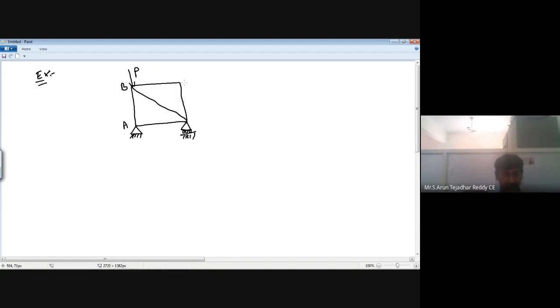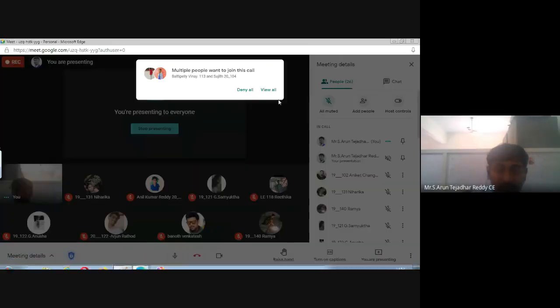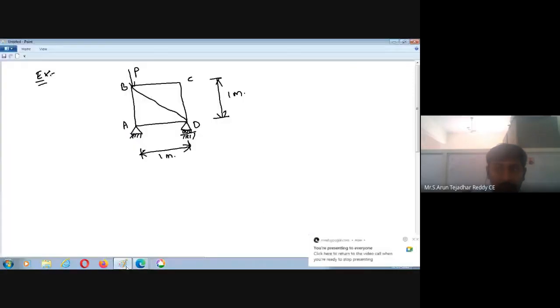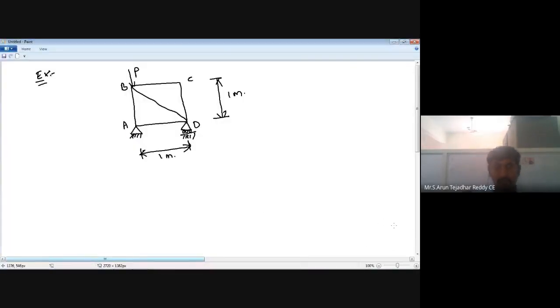A, B, C, D. From A to D, the base is 1 meter. From C to D, the height is also 1 meter. This is your example diagram.